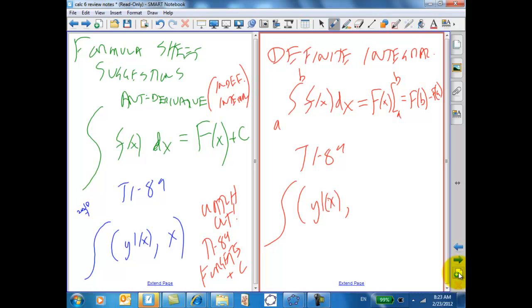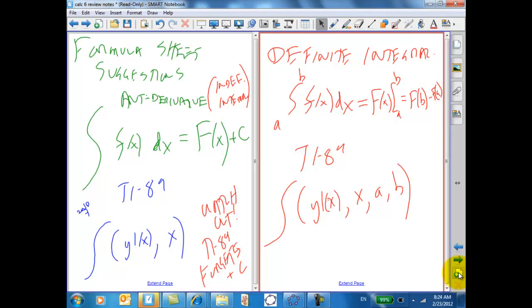Comma, x, comma, a, comma, b. So this is all legal stuff you could have on your formula sheet if you forget the sequence on the calculator. But notice, the definite integral is a little trickier. Again, you're putting in all the information you see in the symbology, the y and the dx. So you have to say what variable you're taking the integral with respect to.